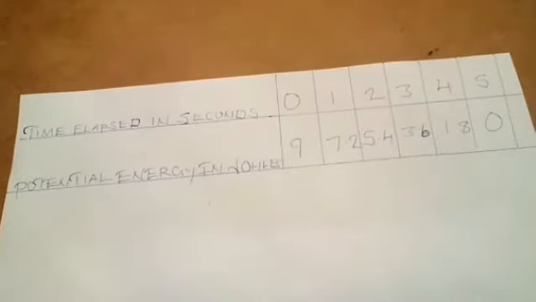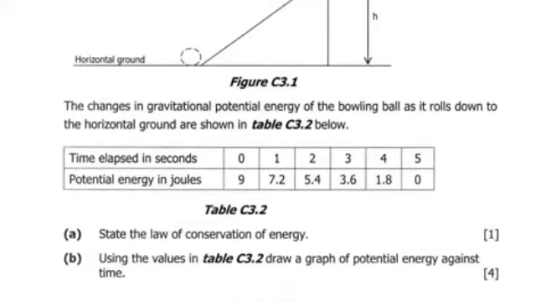The question says, using the values in table 6.3, draw a graph of potential energy against time. Before we draw the graph, the first thing we should consider is coming up with the name of the graph. The name of the graph comes from the question.